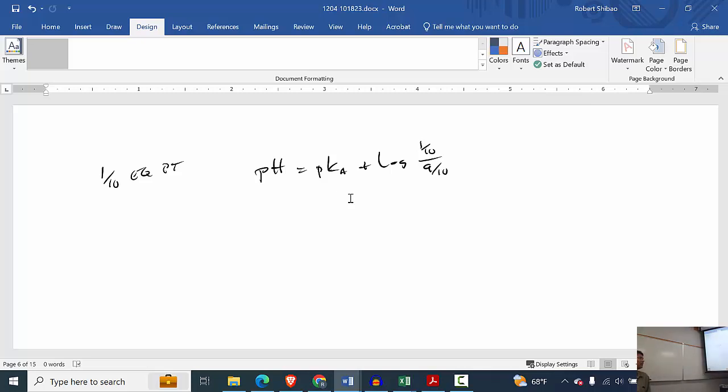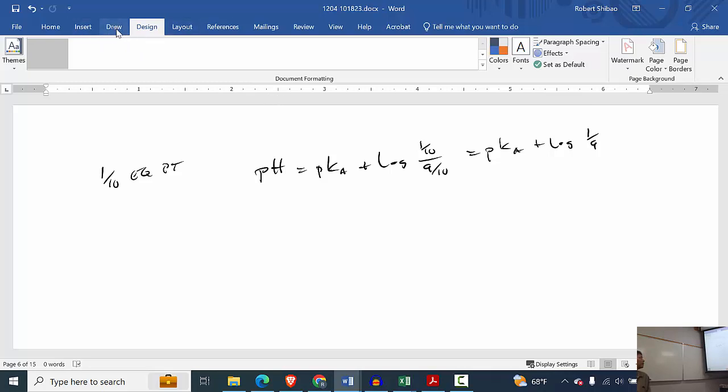Why do I like the 1/10 and the 9/10 equivalence points? Actually, I don't. This one's not so great. This is equal to the pKa plus the log of 1/9. I don't like that so much. Even though calculating the volume is quite convenient, I don't like this one that much.